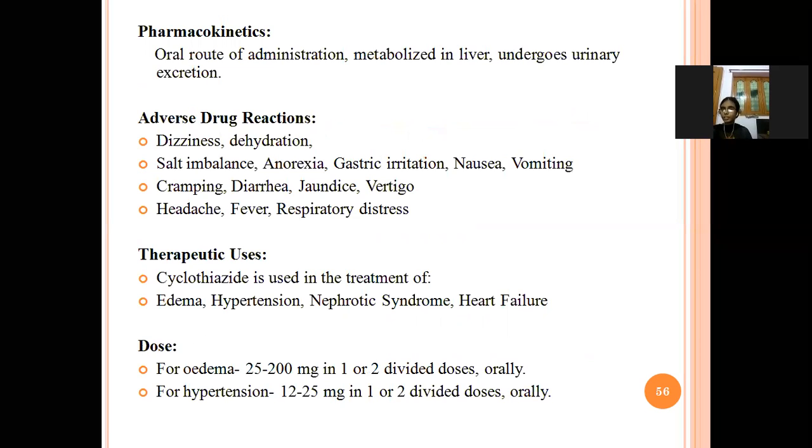So adverse drug reactions are dizziness, dehydration, salt imbalance, gastric irritation, nausea, vomiting, muscle cramps, diarrhea, jaundice, vertigo, also known as dizziness, headache, fever, respiratory problems.